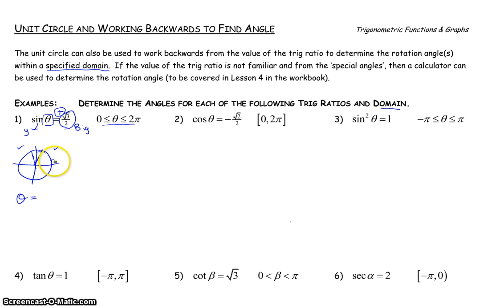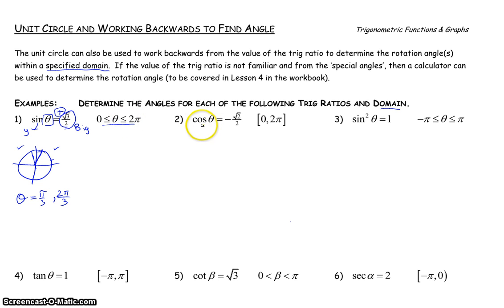We had ones that were over 6 that were close to the y-axis. We had ones that were over 4, pi over 4, that were halfway between, where the sides are equal, and then we had this one where it was closer to the y-axis, and those were big chunks of pi. They were pi over 3. So this first one would be 1/3 of a pi, and the second one would be 2/3 of a pi. And that fits our domain from 0 to 2 pi.